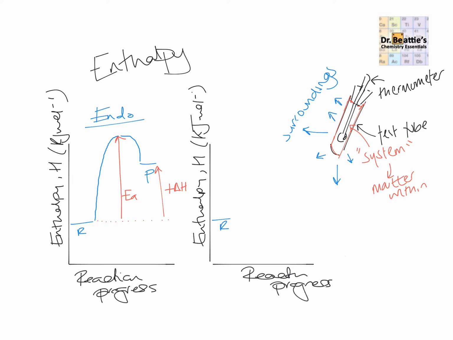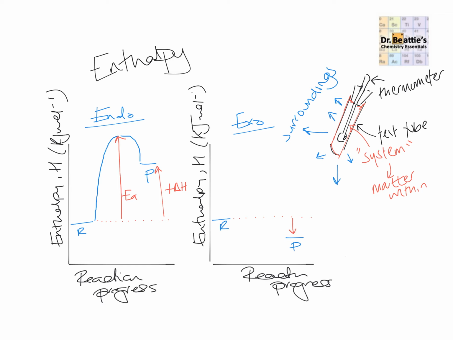On the other hand, in an exothermic reaction, the products are lower in energy than the reactants. And again, we can show this delta H, this change in enthalpy, on these energy profile diagrams by extending the reactant line to where the products are and then showing in a diagram an arrow going downwards.